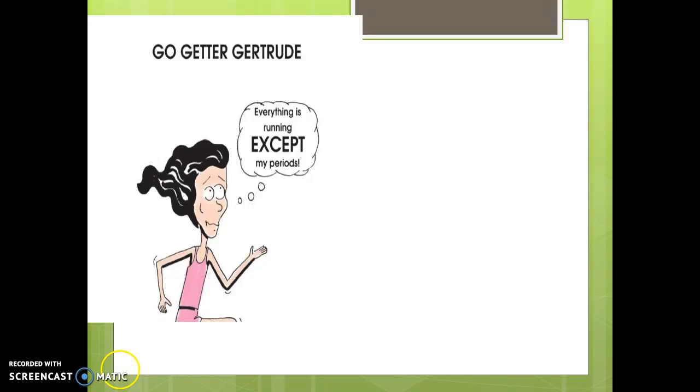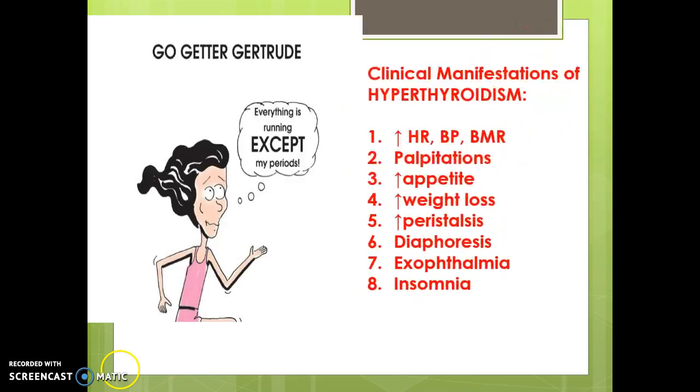So, go-getter Gertrude: everything about her is running wild except her periods, and that is a symptom of someone who has hyperthyroidism. They typically are very thin, again, have all those symptoms that we discussed, and then these are the huge clinical manifestation list that you will see.